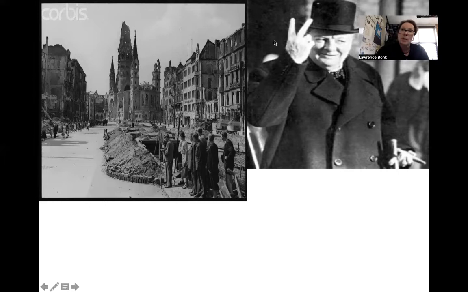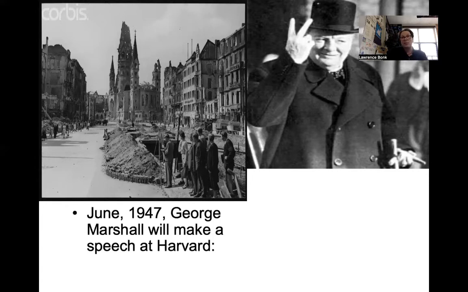And so it was Churchill who basically is saying, unless something is done to help Europe rebuild itself, he was basically predicting there was a good chance that the Soviet Union would fill that void that was vacated when Nazi Germany was defeated eventually on VE Day, May 8th, 1945.